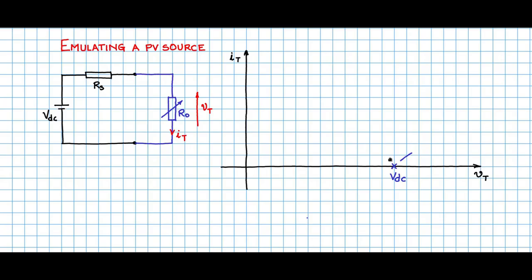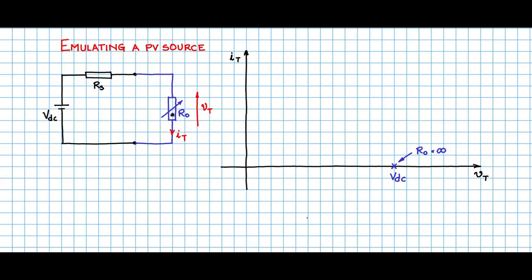I have marked this operating point. At this VDC, the special thing is that R0 is infinite. It's an open circuit. Next, I will go to the other extreme of R0. I will short circuit the terminals. When you short circuit the terminals, VT becomes 0, which means I am talking of a point on the y-axis.